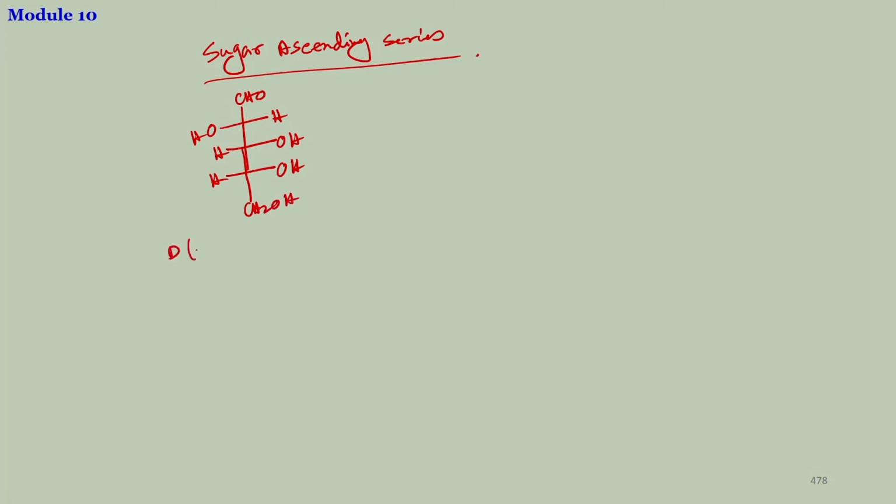So, D, and this D means the minus, actually, this comes from your experiment. This is D-arabinose. The question is how can you increase the one carbon here.